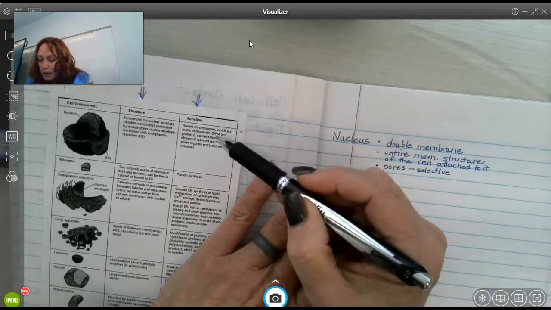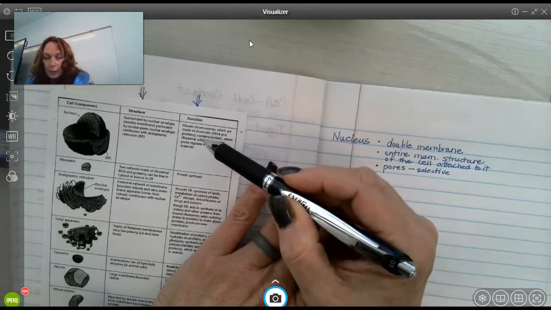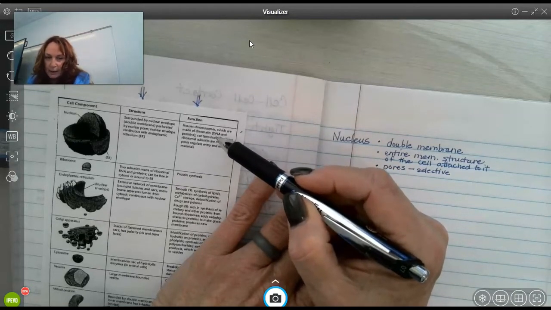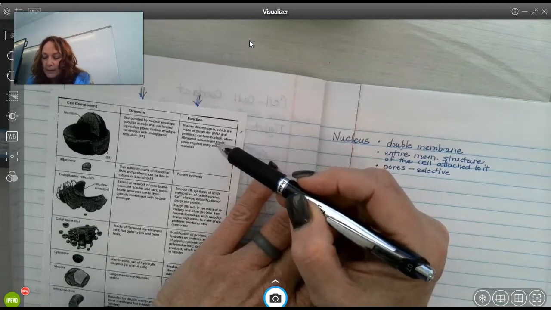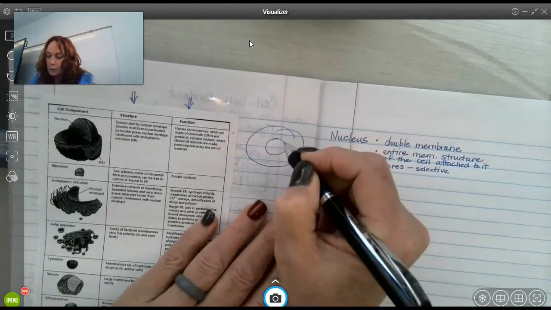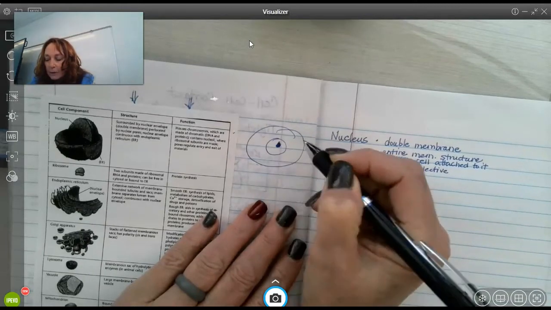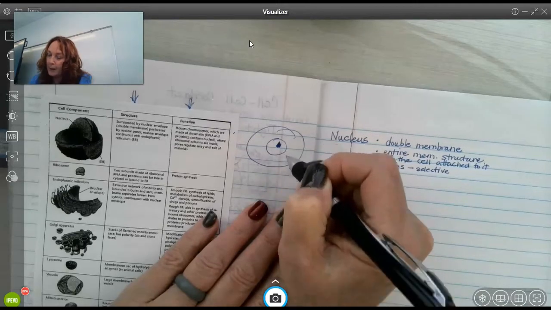Function, it has chromosomes, which are made up of chromatin. DNA and protein. Yes, later we're going to have to get into all of that. Right now it's good enough to just say DNA is in there. It also has a special spot. And you know, when you were younger and you drew your cell, I think we talked about this, and you put your nucleus and you shaded this little thing and you're like, I've got an awesome cell because I put my little shaded spot in my nucleus.